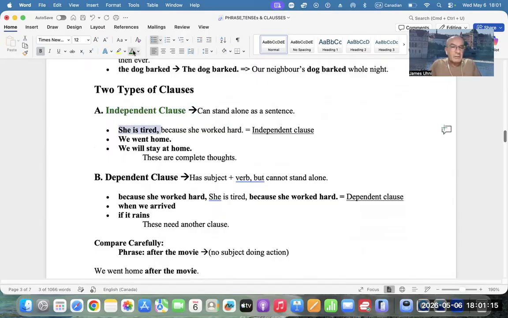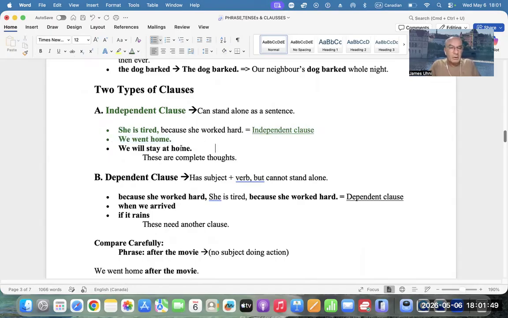We can write it and stop right there. We went home because it was raining. But who cares about that part? We went home. Does it stand on its own? Yes, it does.